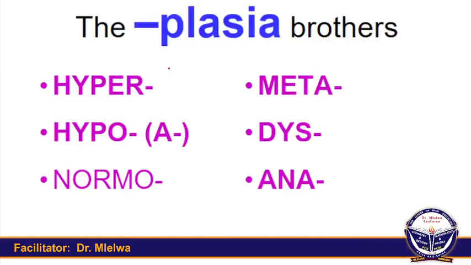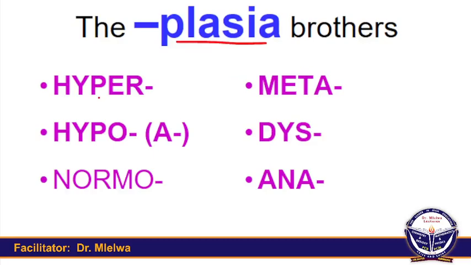Now let's see the different mechanisms of adaptation. And adaptation can occur either by changing the number or size of the cell. Number or size. We have the Plasia brothers. The Plasia brothers, they are due to a change in the number.